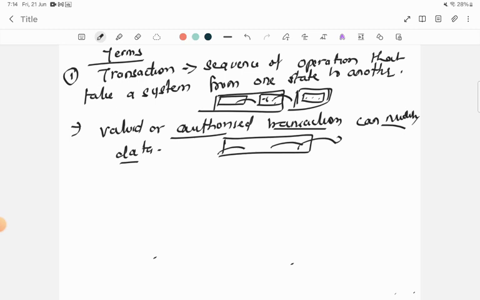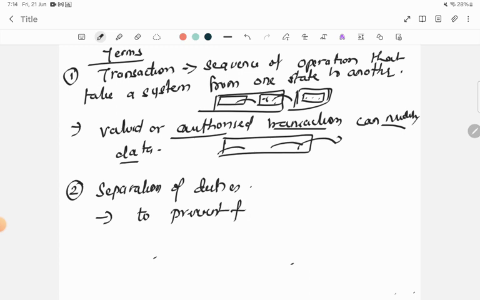The next term is separation of duties. Separation of duties is done in order to prevent frauds and errors.